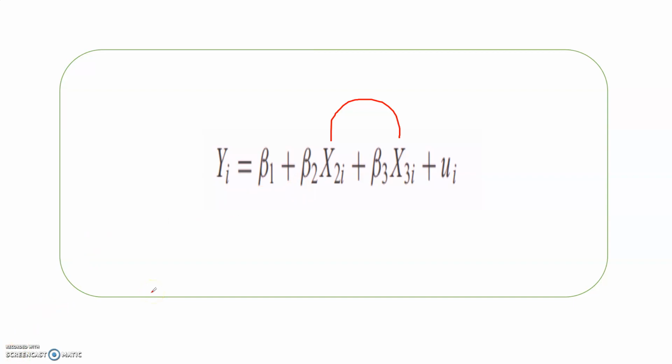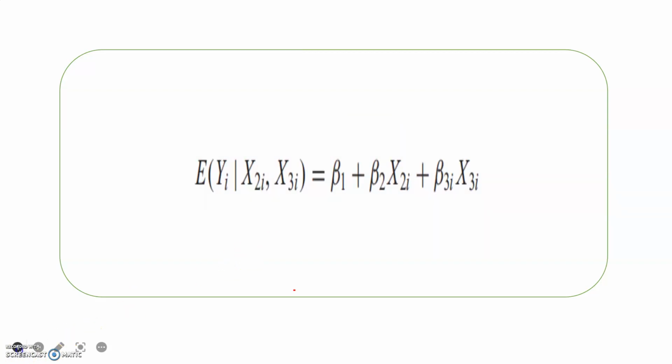Our last assumption is no specification bias, which simply means that the model is correctly specified. Now this is read as the expected value of y given the values of x2 and x3.